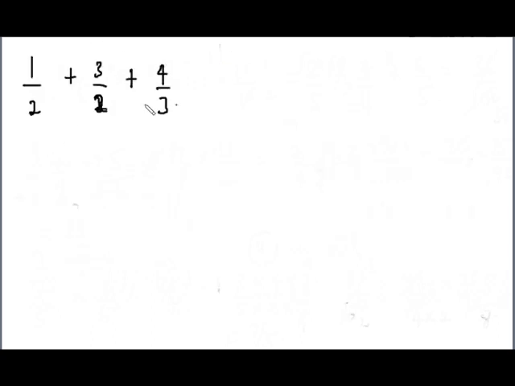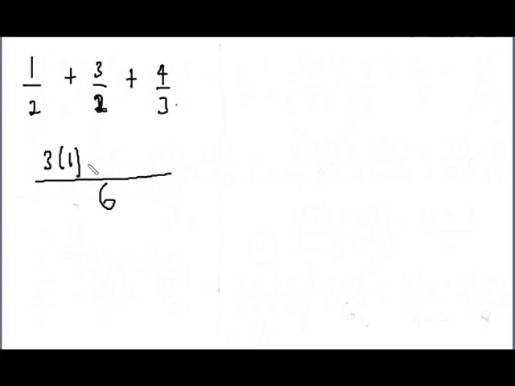Okay, so from this example, we have the denominators 2, 2, 3. So the LCM of these fractions is 6. So 6 divided by 2, we have 3.